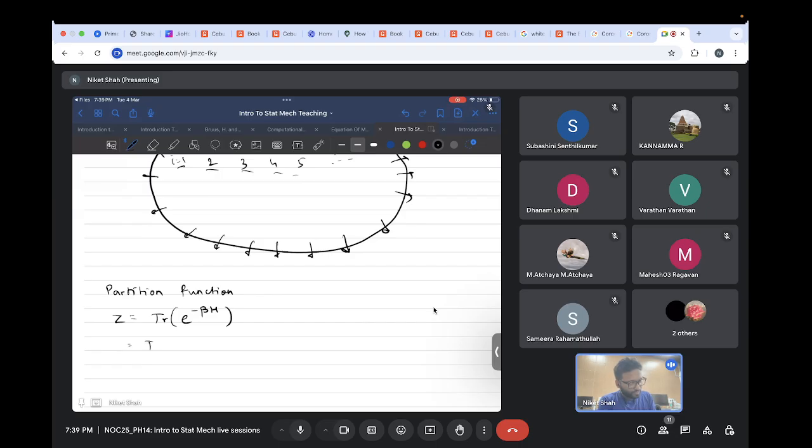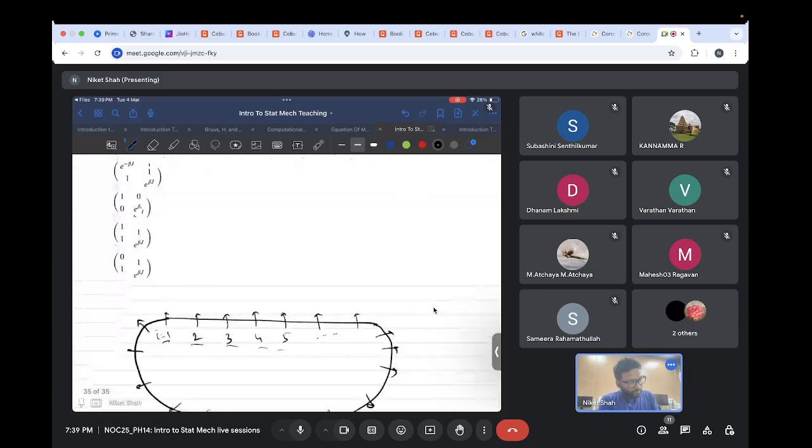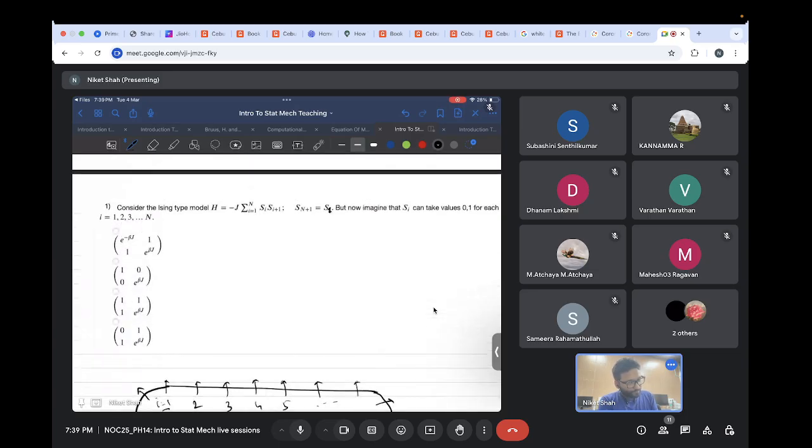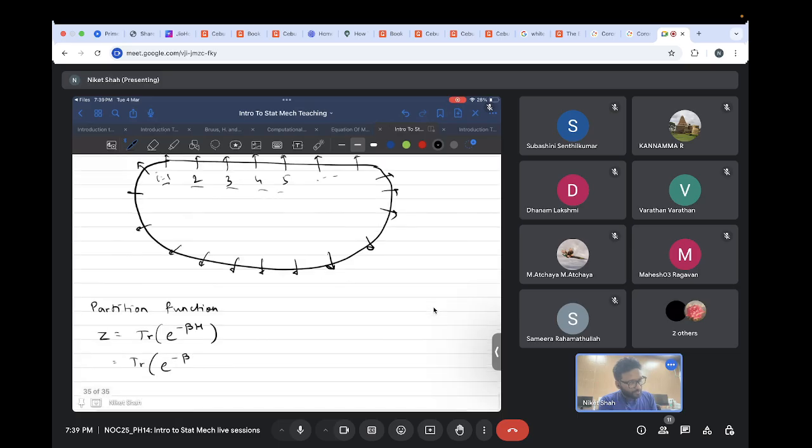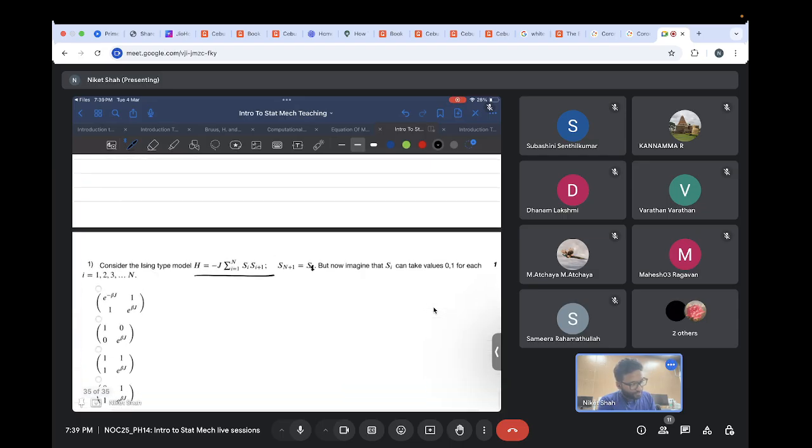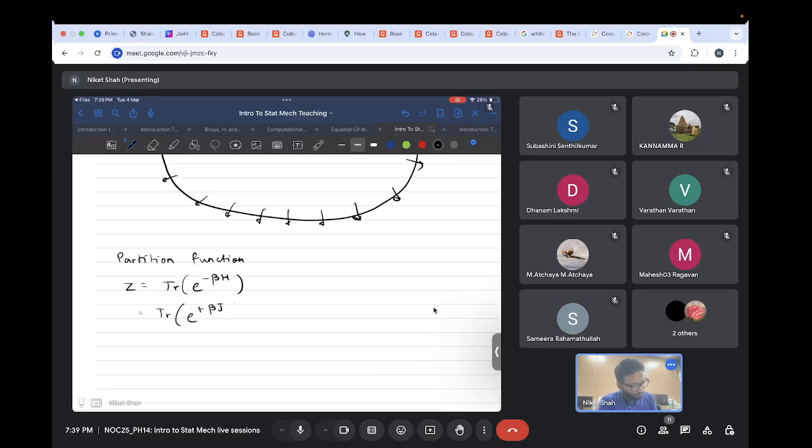So it equals trace of e raised to power minus beta times H. This Hamiltonian already has a minus sign outside, and here also there is a minus sign. So this minus minus becomes plus. It is e to the power plus beta J sum over i equals 1 to n Si Si plus 1.